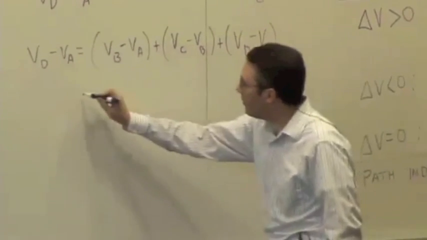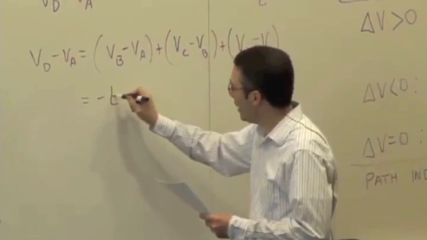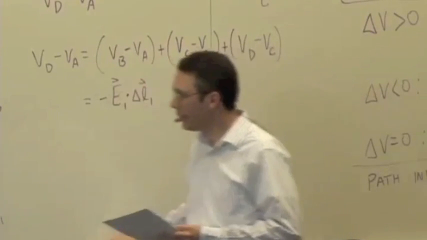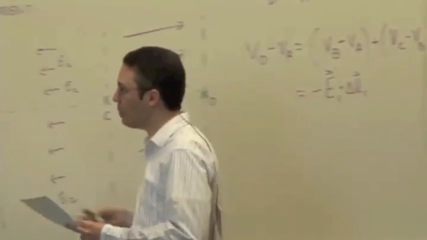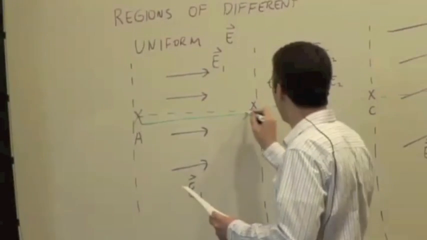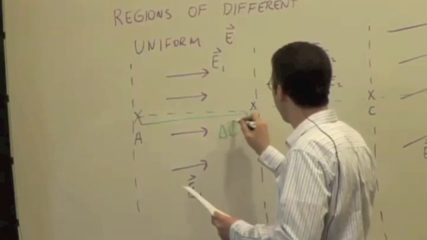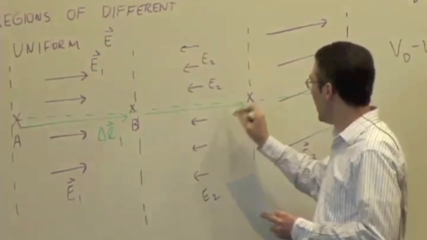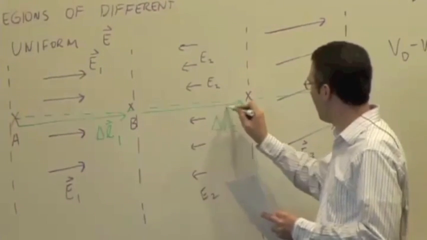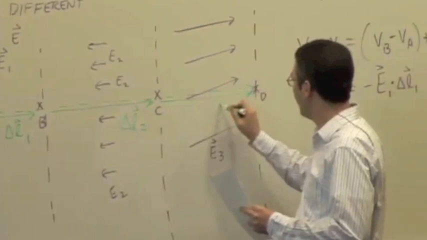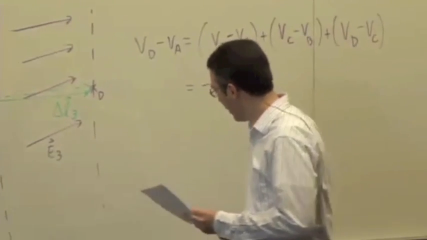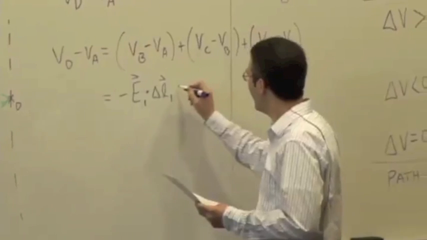And so I'd have negative E1 dot delta L1, call it, okay? Delta L1 being the vector that points from A to B, the path vector that points from A to B. And then from B to C, we have a delta L2, and then C to D, a delta L3, okay? So we just add those up.